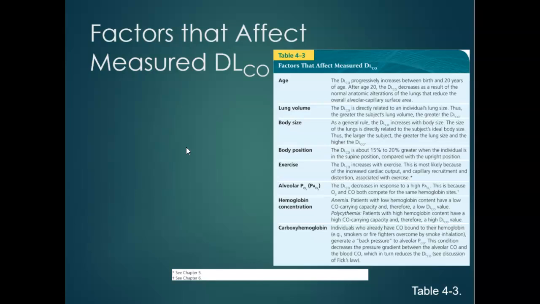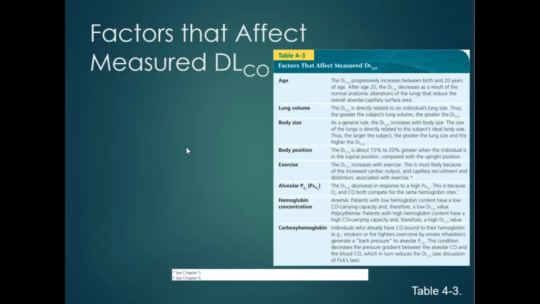We perform this test in the pulmonary function labs, where patients are asked to breathe in to total or full inspiratory capacity, a breath of carbon monoxide, then exhale it as much as they can. Then we look at how much they breathed in, how much they breathed out, and we can calculate how much diffusion took place.